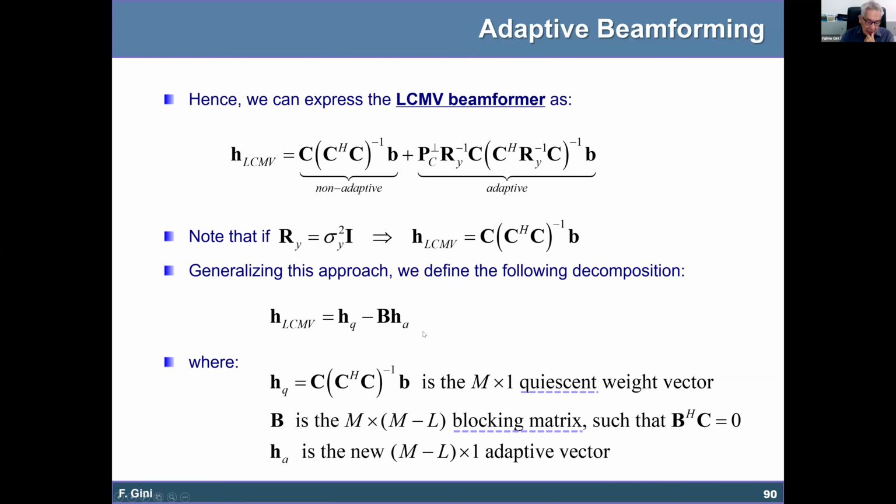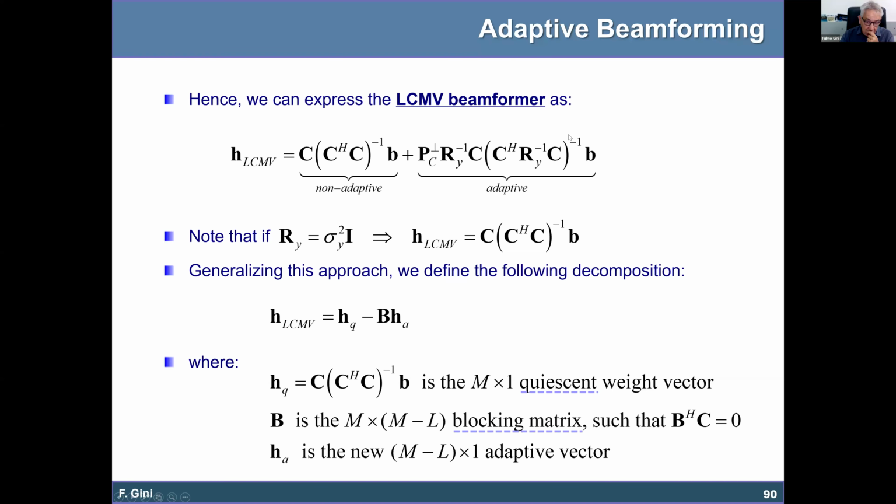And HA is the new vector that depends on Ry, obviously, because this represents the adaptive term. So it is the new vector that should be made adaptive, of size m minus n.